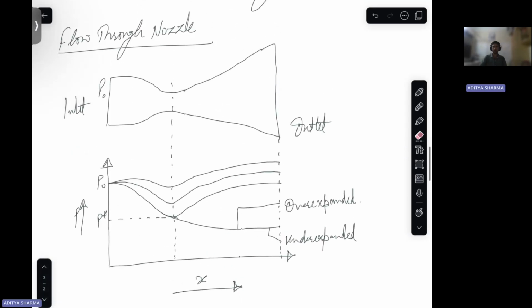So what is happening here is at the inlet we have some pressure, all right, that we call as stagnation pressure, and at the exit we have some back pressure.